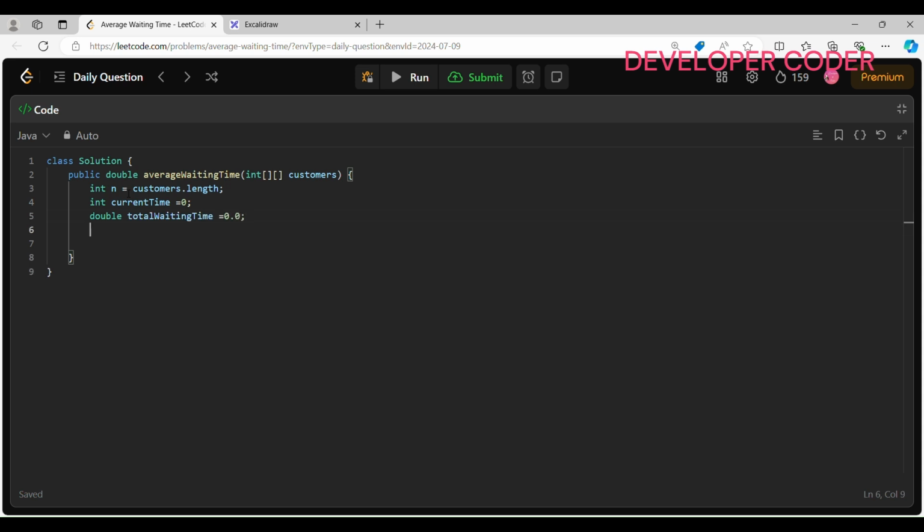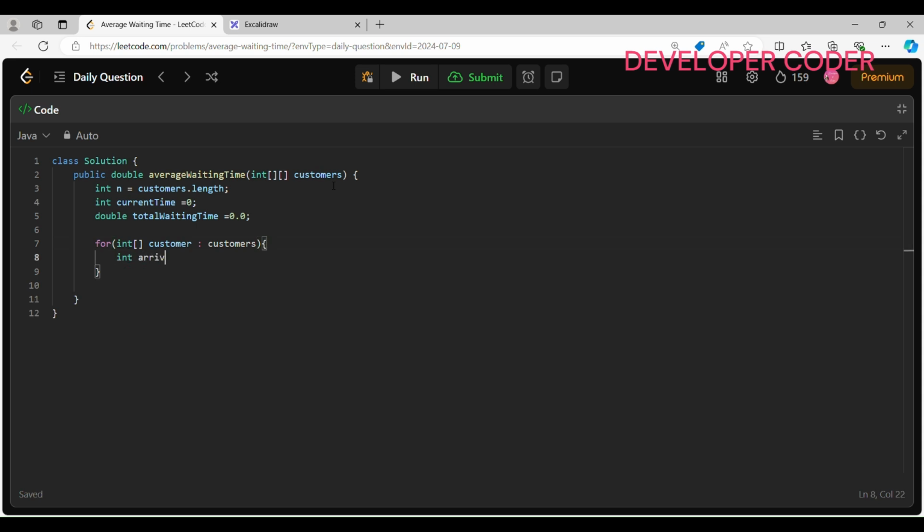Okay, now I have to iterate over all the customers one by one. So for that I can simply write the for each loop, for int customer over customers. Inside that we have been given two values: one is the arrival time of the given customer and the other is the time to cook, right?